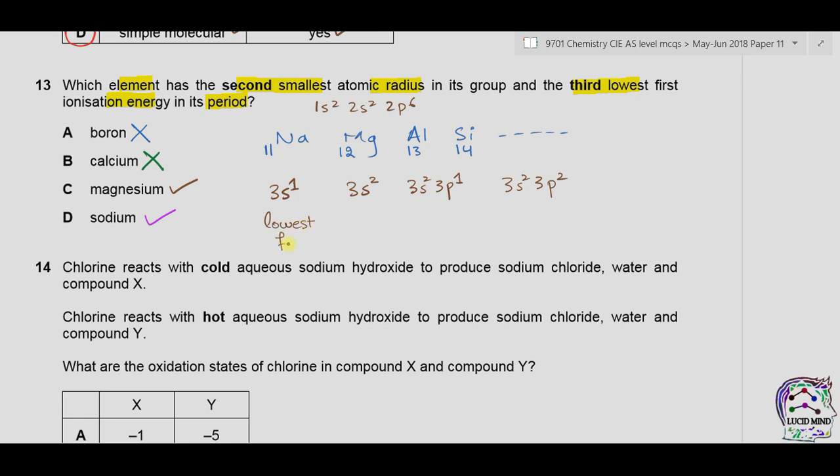In magnesium the atomic number is 12, so as the number of protons and electrons increases, ionization energy will become higher as compared to sodium. So if this is the first ionization energy of sodium, then this will be the first ionization energy of magnesium.